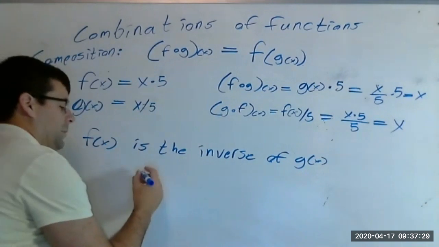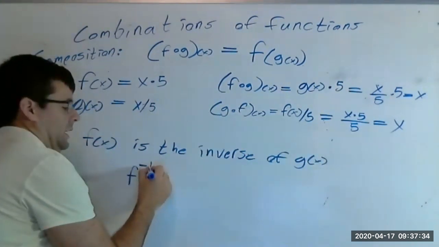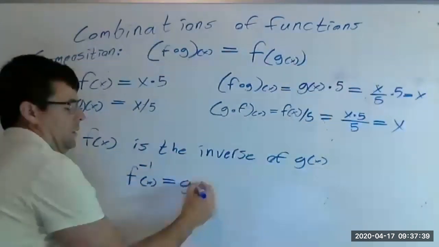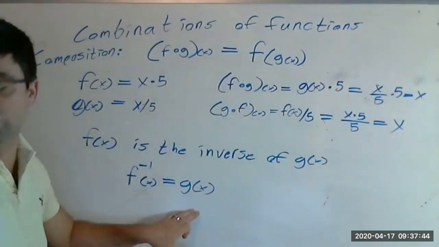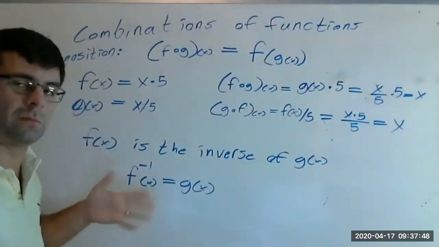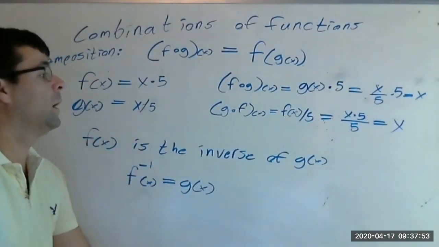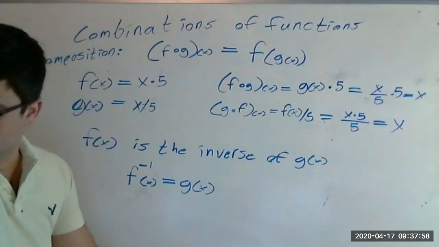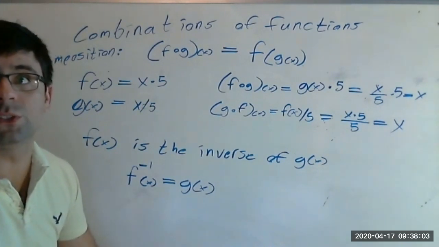And the way we write that mathematically is f to the negative 1. So the inverse of f is g. This also implies that the inverse of g is f, but we don't write both of them because if one is true, the other one is. So this is a very important fact. Something that we use a lot when it comes to higher order math.